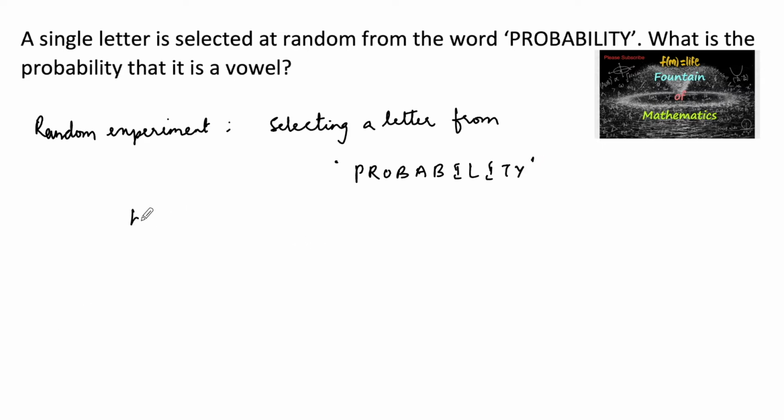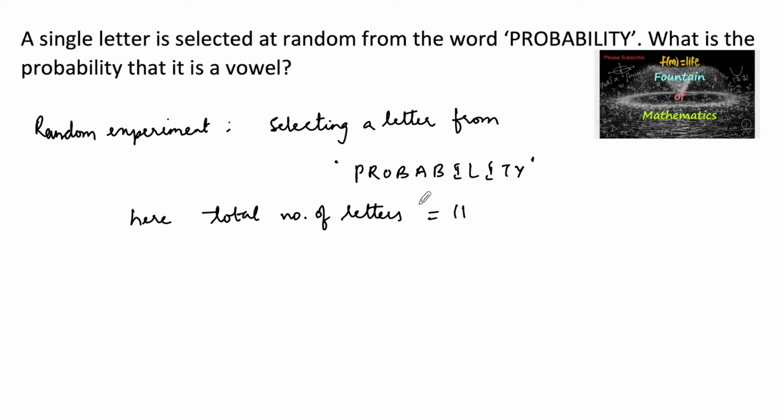So here total number of letters is equal to 1, 2, 3, 4, 5, 6, 7, 8, 9, 10, 11. 11 letters are there, in which some of them are repeated also, but we consider total number of letters as 11.